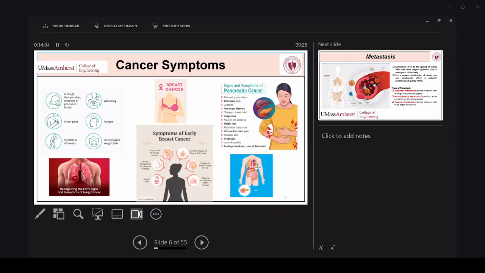It's so difficult to diagnose because of symptoms like pale and greasy stools, and nobody is going to check our stool, right? Abdominal pain, jaundice, new onset of diabetes, change in bowel habit, indigestion, nausea and vomiting, weight loss, shoulder pain. All these are symptoms of pancreatic cancer.